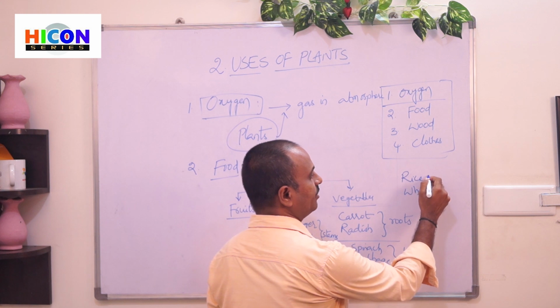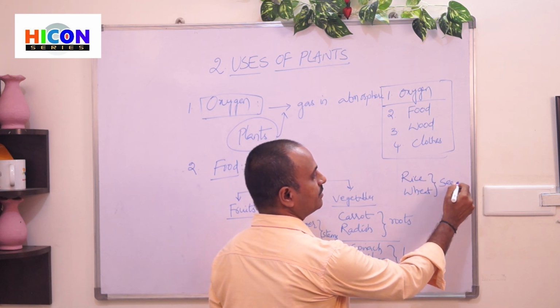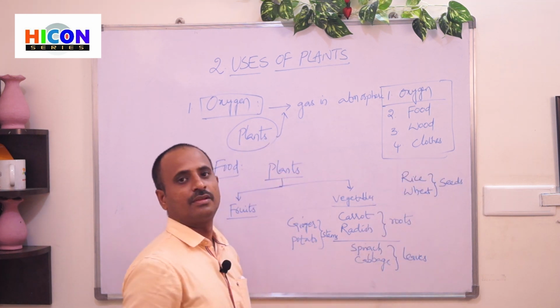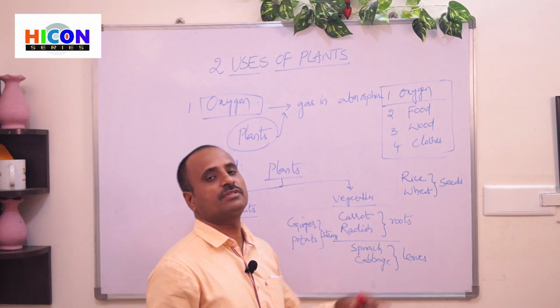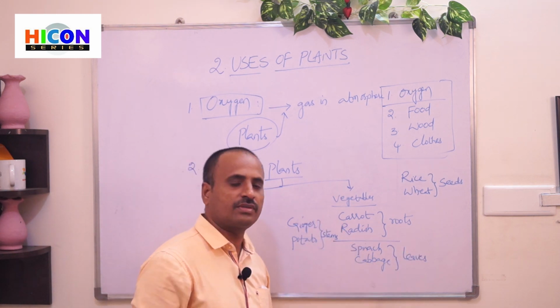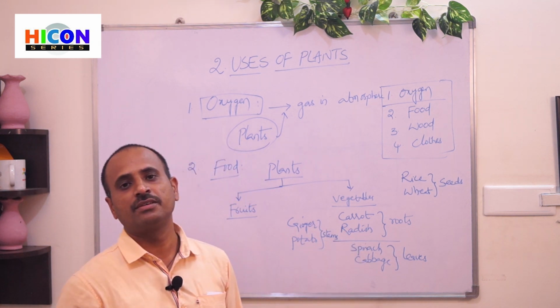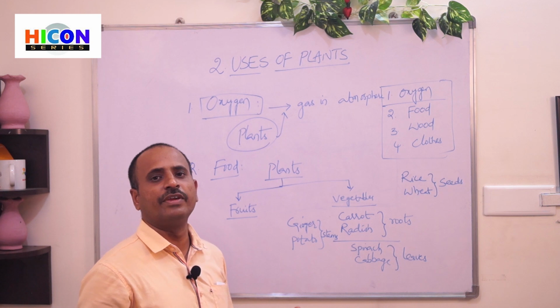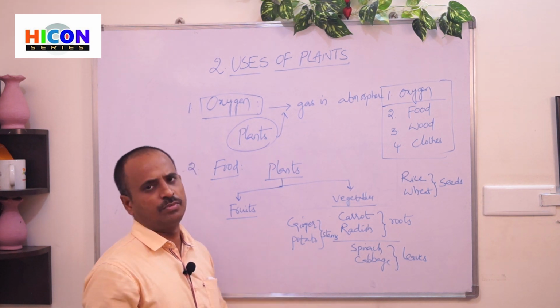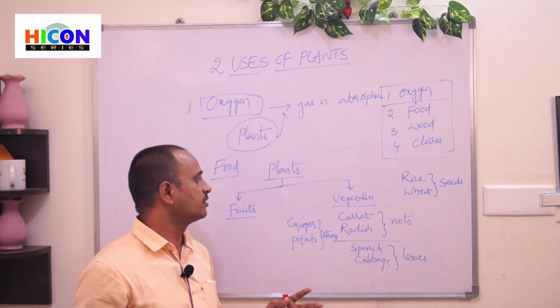So this rice and wheat are nothing but seeds of the plants. So we are eating seeds of some plants, roots of some plants, leaves of some plants, and stems of some plants. In this way, plants are giving so many vegetables which we eat as food daily.